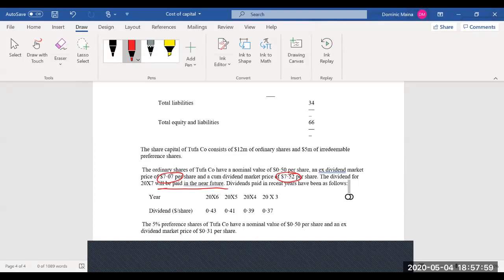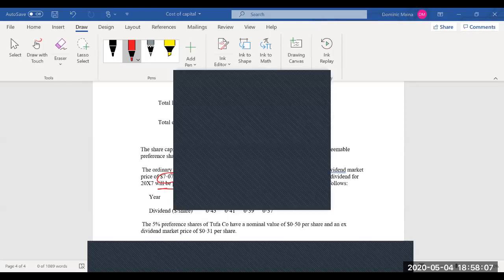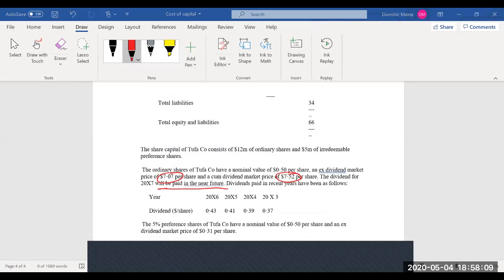However, the shares of the company are trading cum dividend. What does that imply? It implies that the dividend will be paid maybe in the next 2 or 3 weeks. If the share were not yet trading cum dividend, then it would become D1.